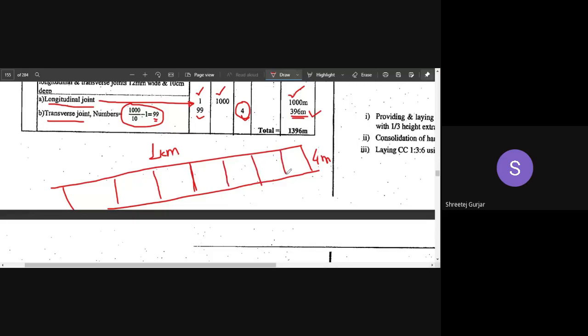So 99 into 4 will give you the total length of transverse joint. The longitudinal joint will run throughout; its length is 1000 and only one number, so 1 into 1000 will give you 1000 meters.